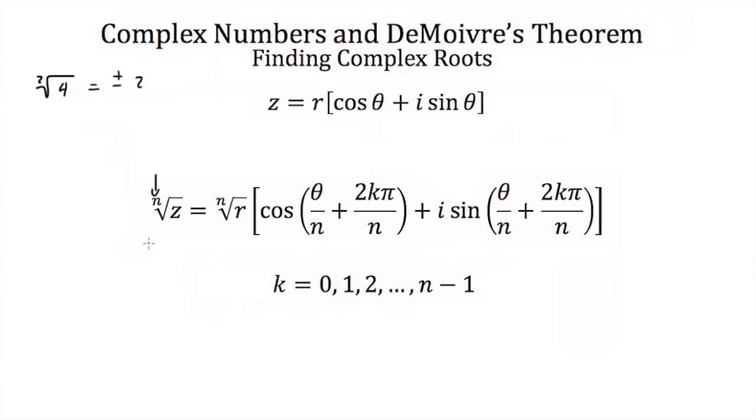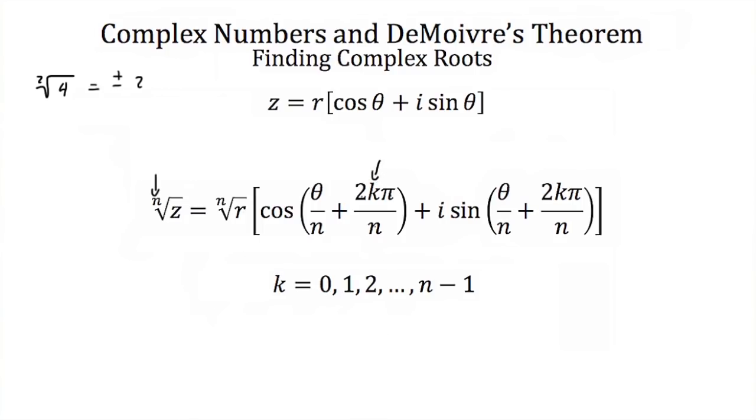Our formula for doing this, if I have the nth root of z, then we just take the nth root of our magnitude or our r value, and then it's multiplied by the cosine, and we divide our theta by that n. But then to get the other solutions, we add 2 pi over n, and then multiplied by k. K is this integer.